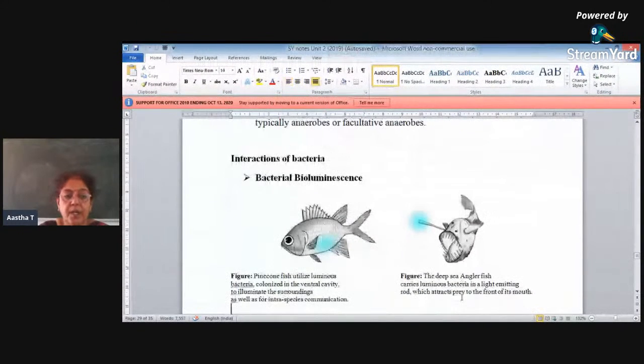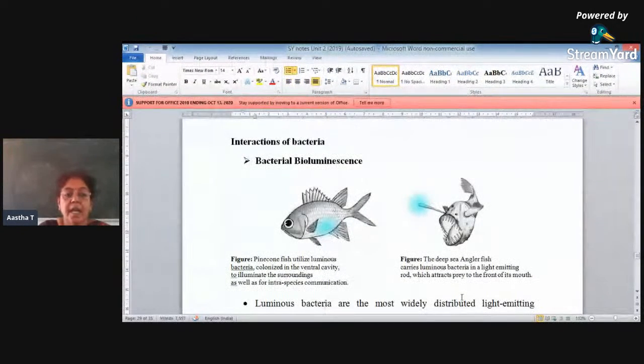The next interaction is interaction of bacteria. In this, we are going to cover bacterial bioluminescence. These are the images of 2 types of fishes which show bioluminescence. This pincone fish utilizes luminous bacteria, and those form colonies in the ventral cavity.